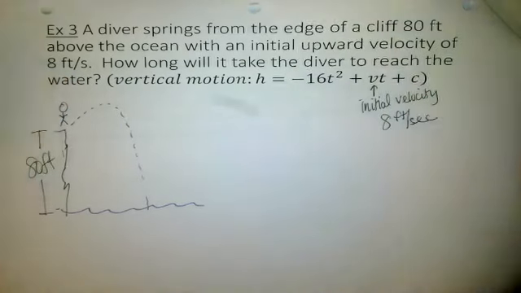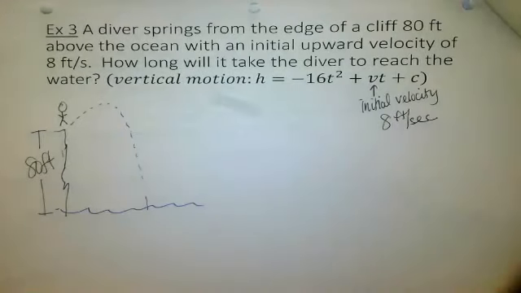Velocity is a fancy word for speed, as in miles per hour, but we call it velocity because it has a direction associated with it, meaning it's a positive or negative value. So he has an initial upward velocity, jumping out and away from the cliff, because that would be bad.